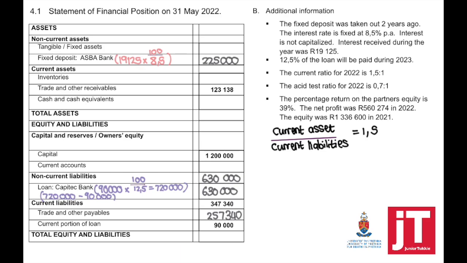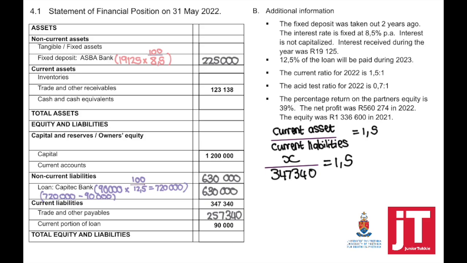And now they said to you that was equal to 1,5. If we're looking at the statement of financial position, the current liabilities was given to us, which means that your current assets becomes now X, which I need to solve. So to solve X, we need to take the current liabilities times 1,5.